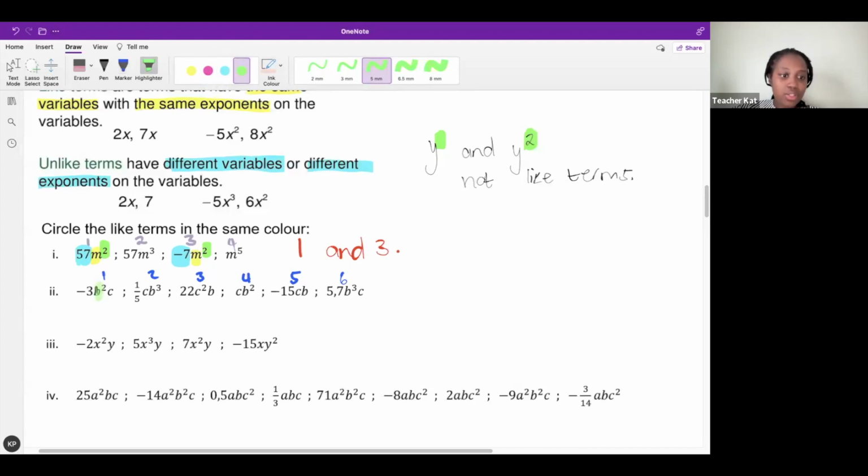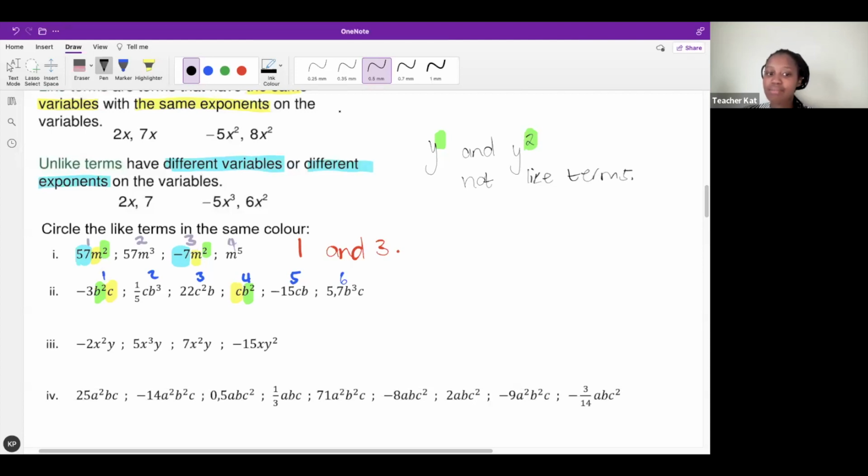We have a B squared. And number 4, we have a B squared. Okay, let's check. We have a C and we have a C. Do they have the same variables? Let's first start with variables. Do they have the same variables? Number 1 and 4. Mutlali says no. Okay, but they have a B and they have a C, don't they?